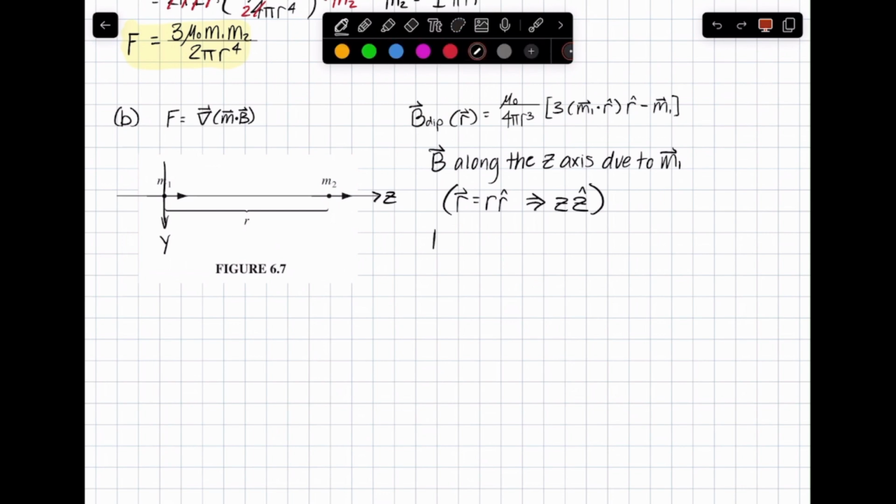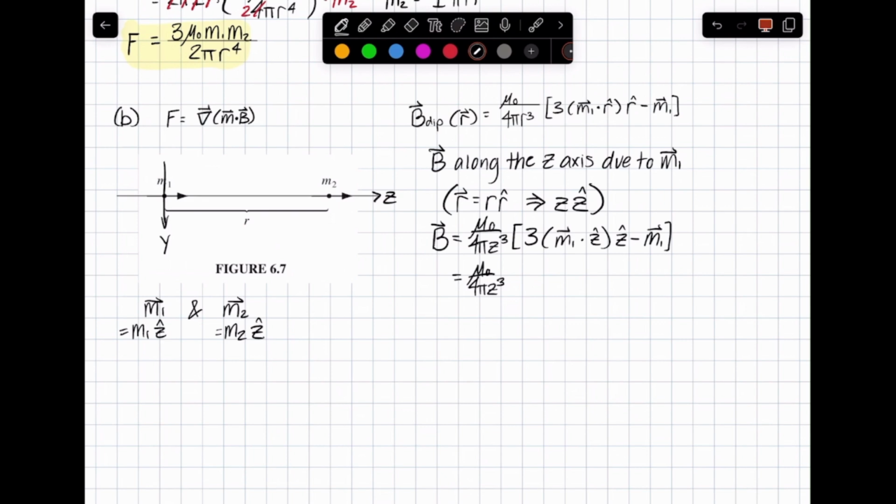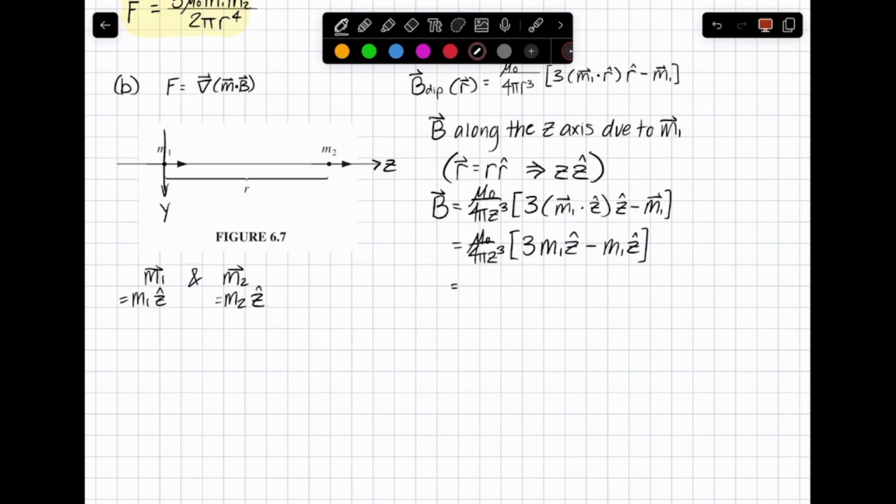So we say that B then is, and remember that M1 and M2 both point in the z hat direction. And so this dot product is going to be pretty easy to get rid of here. I'm also going to replace M1 on the right there with M1 z hat. We can simplify this down even further. Inside the brackets here, we have 2 M1 z hat.